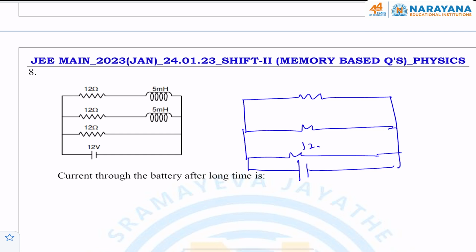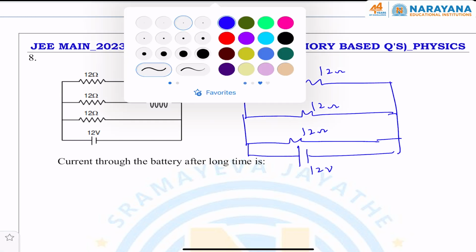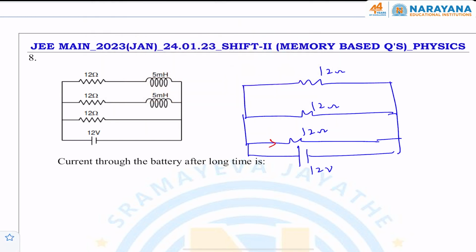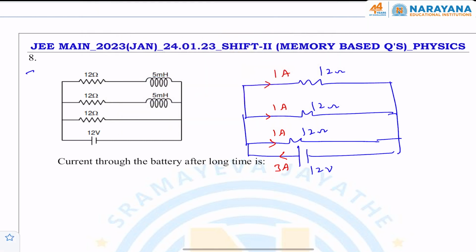It is 12 ohm resistor, 12 ohm resistor, 12 ohm resistor. It is 12 volt cell. So all are identical paths. So current through each branch will be 1 ampere. Here it is 1 ampere, here it is 1, here it is 1, because potential difference across each element is 12 volts. Total current flowing through battery will be 3 amperes. So required answer for this is 3.